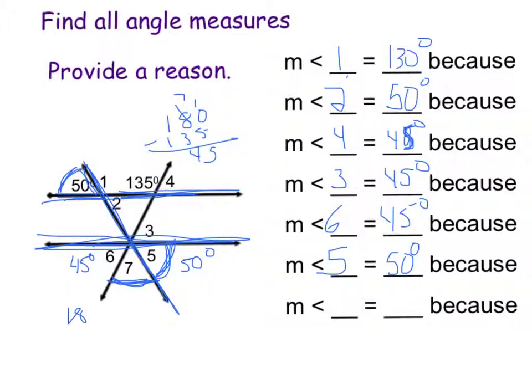So 180 minus these two added together, which is 95, equals 85. Please remember that when I'm drawing these, I don't have them to scale. I just sketch them out. So again, my rationale would be because angle 5, 6, and 7 have to equal 180. And 5 is 50 and 6 is 45, therefore 7 must be 95.